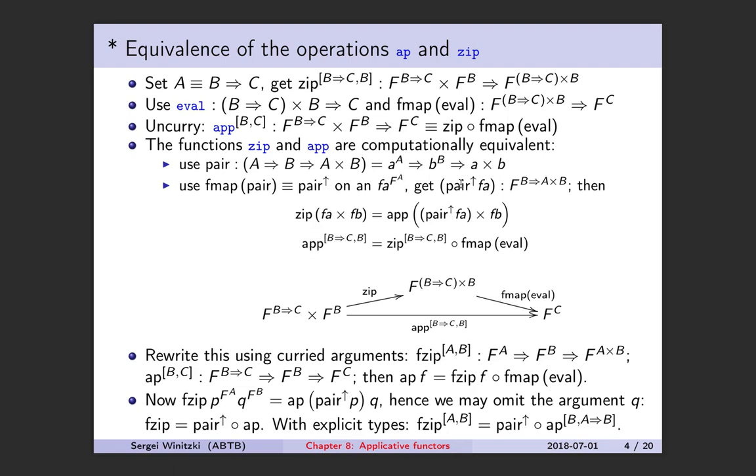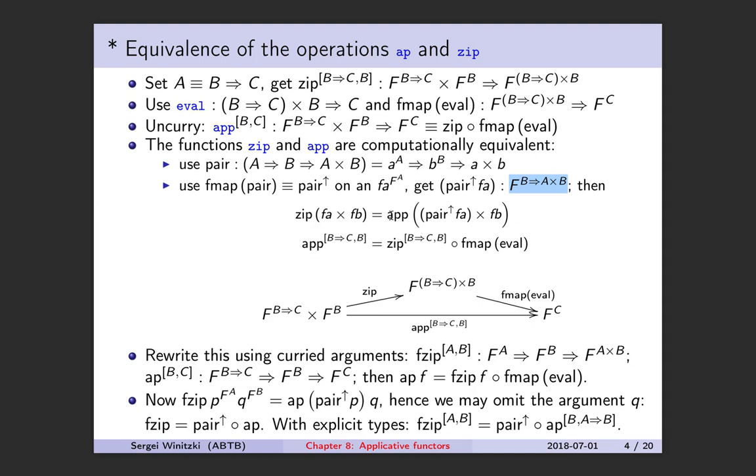And then clearly we get this kind of situation if we apply this fmap of pair to some fa of type f of a, then we get this. And that is something that now resembles what app likes to take as an argument.